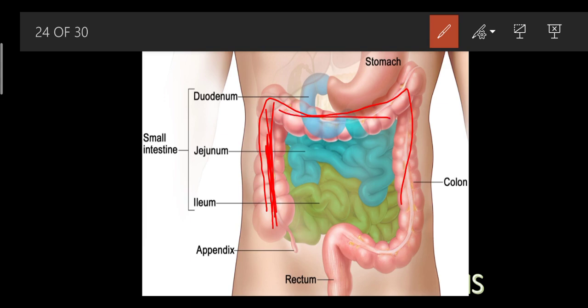The part which travels in a straight line, flat, is called the transverse colon. And the part which goes down is called the descending colon. So colon helps to transport the food, and then it enters into a structure called the rectum.